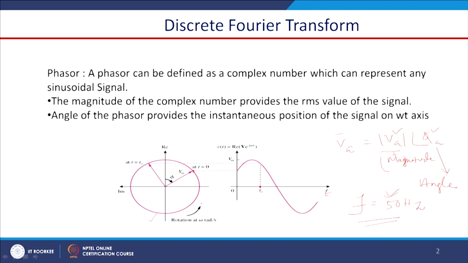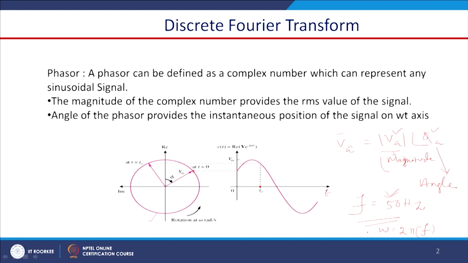Now, when this phasor rotates at a certain frequency, the angular speed is omega equal to 2 pi f, where 2 pi stands for 360 degrees and f is our frequency, that is 50 hertz.